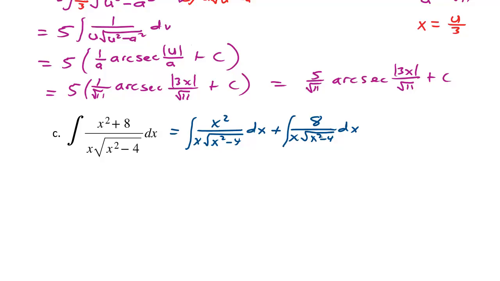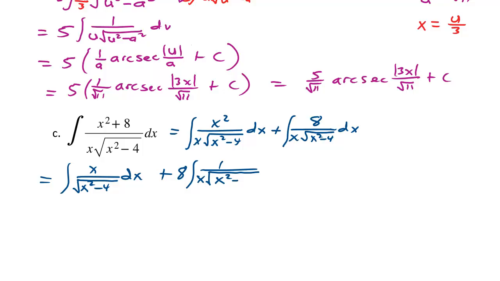Okay. So for that first integral, I got x squared over x, so let's just make that x over root x squared minus 4 dx. And plus, I'm just going to go ahead and pull that 8 out right now. Over x times root x squared minus 2 squared.